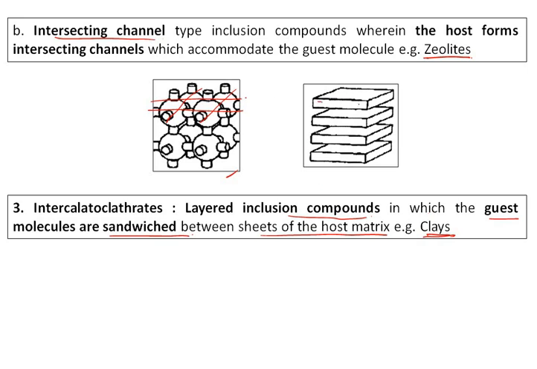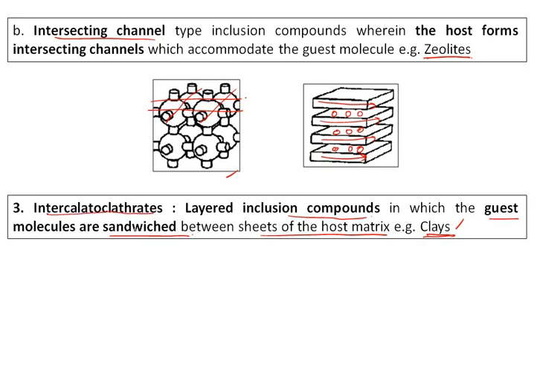These are the sheets of the host matrix, the host molecule, and between these sheets is nothing but the guest molecule, sandwiched between the host matrix. Such cases are included in intercalato-clathrates.